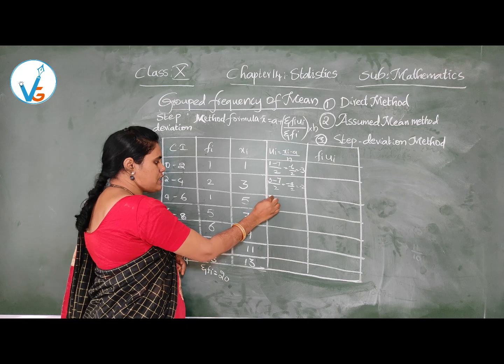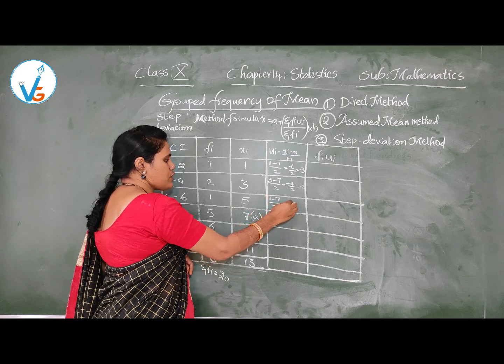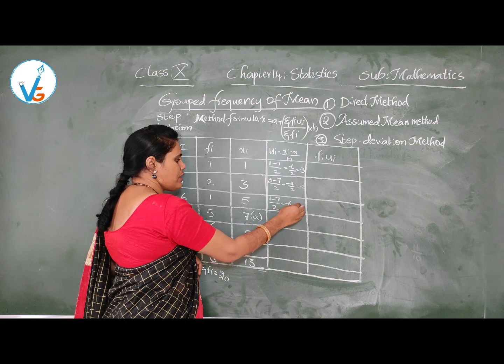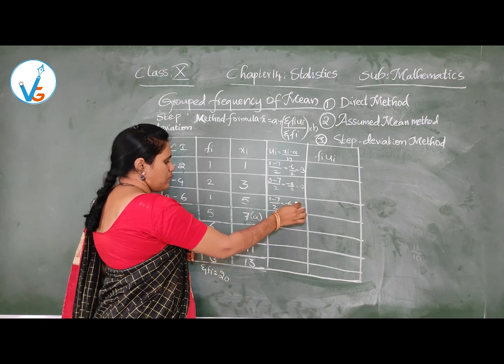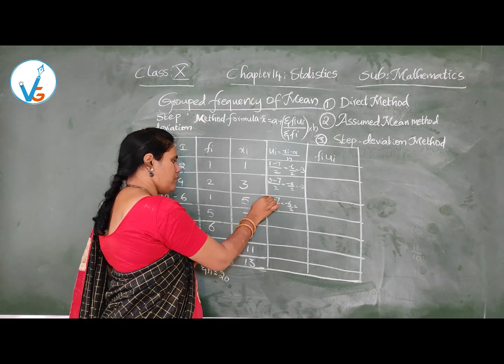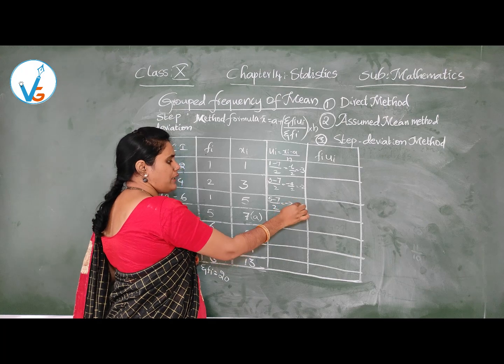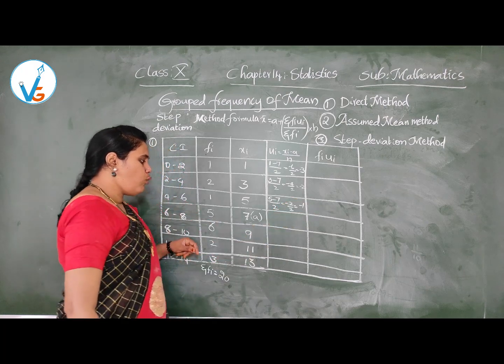Next here it is 1 minus 7 by 2, which is equal to minus 6 by 2, which is equal to minus 3. Here it is 5. 5 minus 7 by 2 is equal to minus 2 by 2, and it is minus 1.